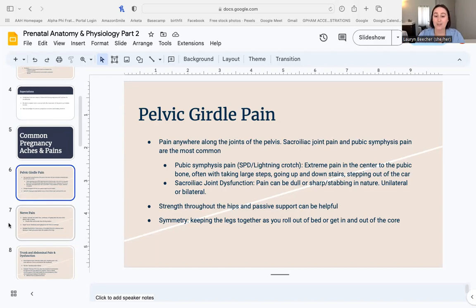Other times when things are really flared up, it's helpful to have that passive support so that you aren't irritating things more as you're trying to build some strength and some stability. So there's no one size fits all here. And this is where asking a couple of questions so that you're able to give the right cues and the right guidance for your students can be really helpful.